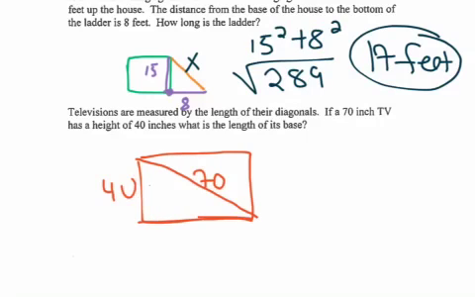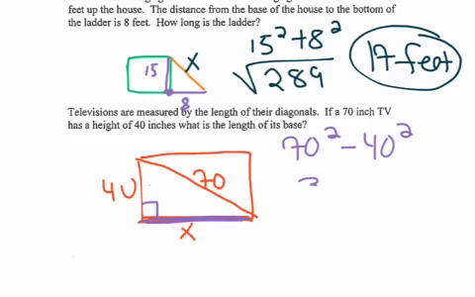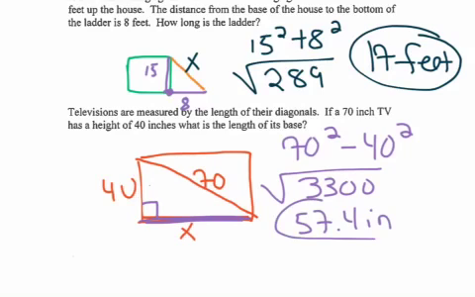So I want to know the length of its entire base, so that's my x. Here's my 90-degree angle, and my unknown side is touching it or forming it, so it's a leg. So I'm going to take 70 squared minus 40 squared. I'll get 3,300, and my final step is to take the square root, which is roughly 57.4 inches as my final answer.